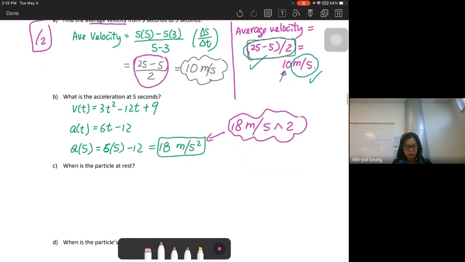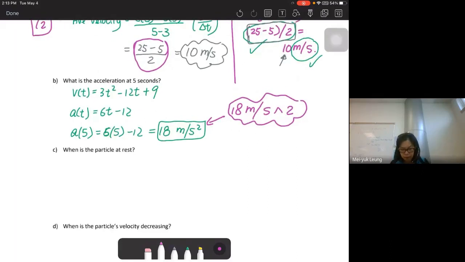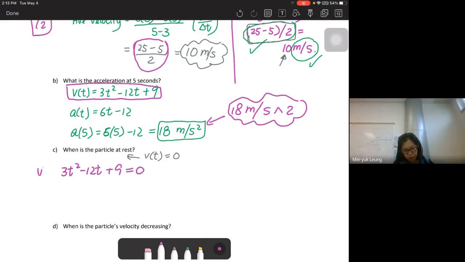All right. Now, how about when is the particle at rest? So we know that when the particle is at rest, that means you're looking for the time when the velocity is equal to 0. Okay, so that's easy. I just look at this velocity function, and we are going to make it equal to 0. Okay, so this is v of t, and you're making it equal to 0.